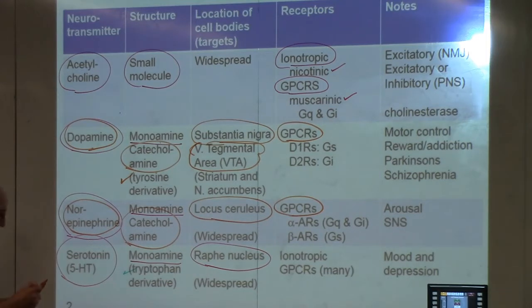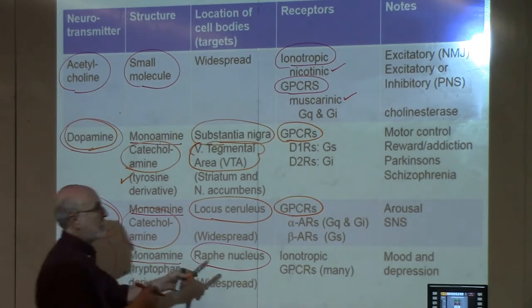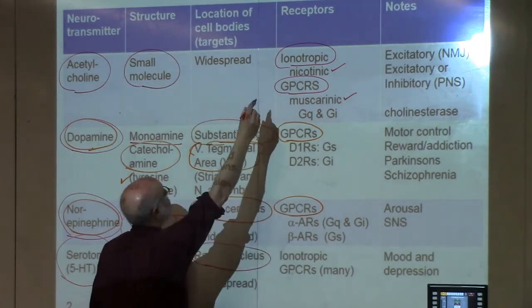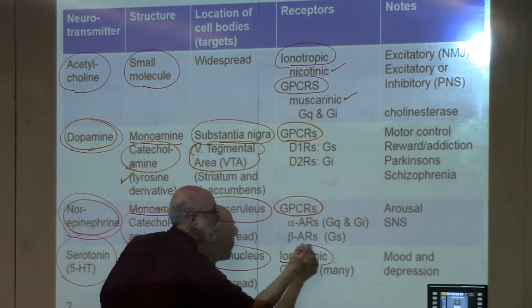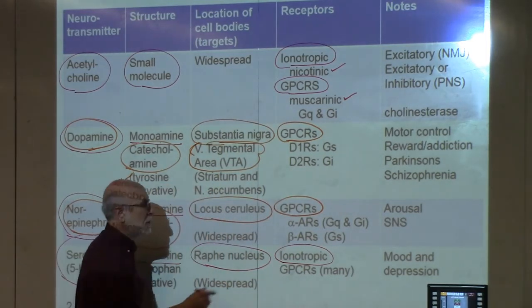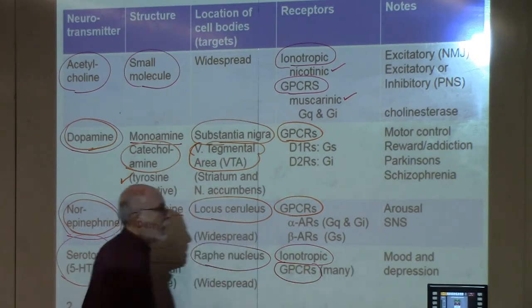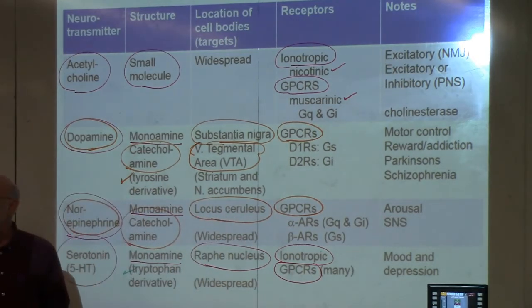I do want you to know that serotonergic receptors are of both categories, sort of like acetylcholine. We have ionotropic serotonin receptors, and we have GPCRs, many, many different subtypes. There were too many even to put into the table.